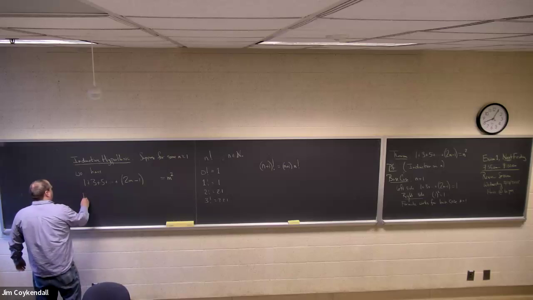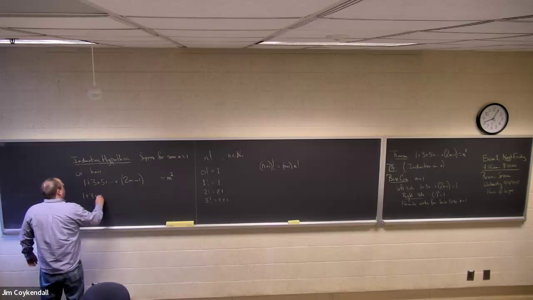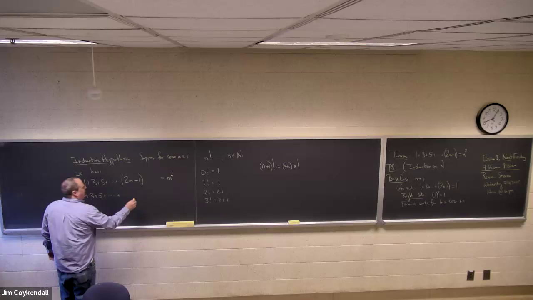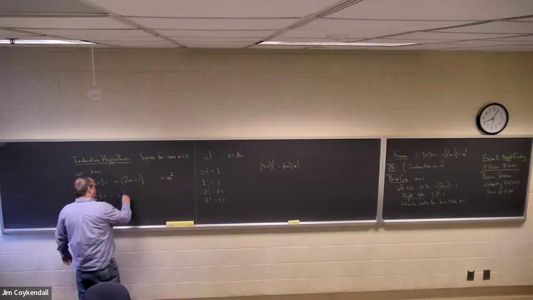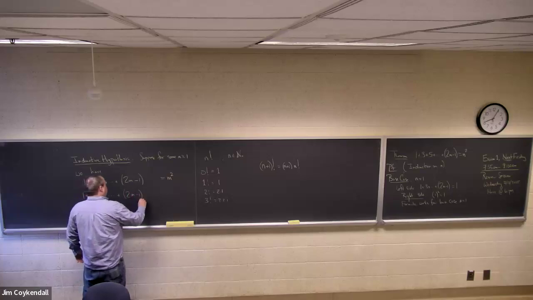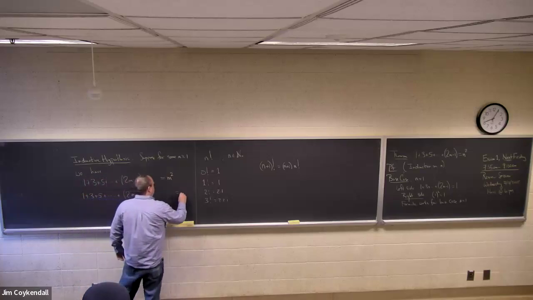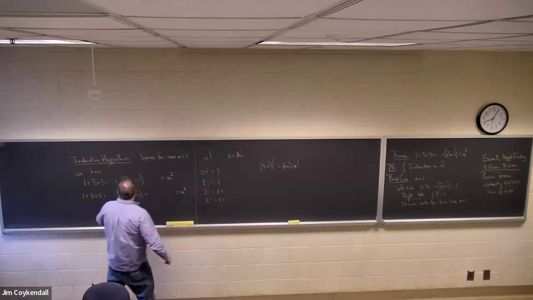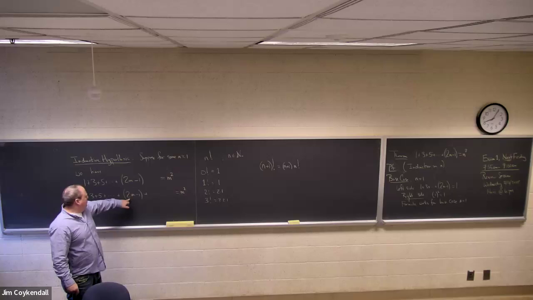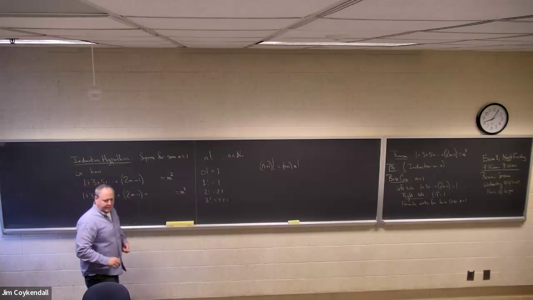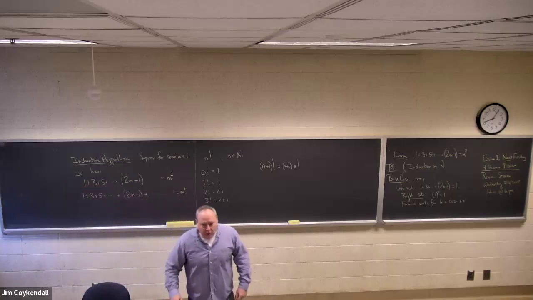What we want to do is show that when we have it for this m, then we have it for the next m. What's the next odd after 2m minus 1? 2m plus 1.